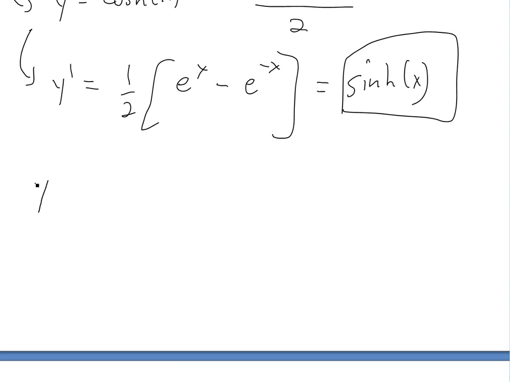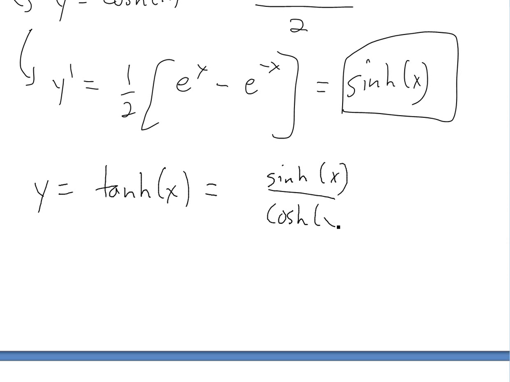So now the last one to look at is just tanh. If you have y equal to tanh of x, which equals sinh of x over cosh of x, then we use y prime. With this one you could use either the product rule and chain rule, or just the quotient rule.